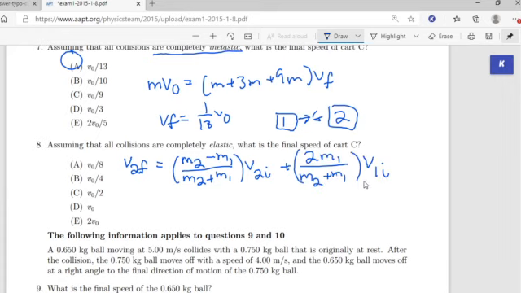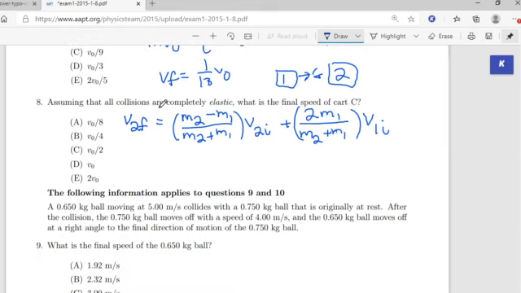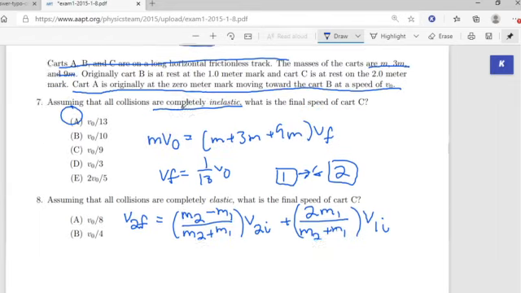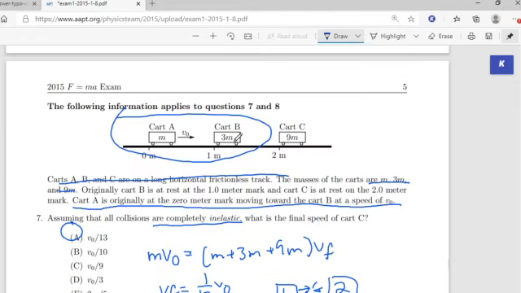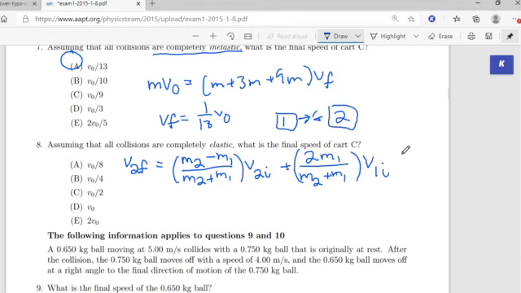Okay, and then we know that B is initially at rest, so we can completely disregard this left expression and only look at this. And the mass of cart 1 is just m, and the mass of cart 2 is 3m. And so the numerator is 2m, and denominator is 4m, so we get 1 half. So we have v0 over 2, since this is v0.